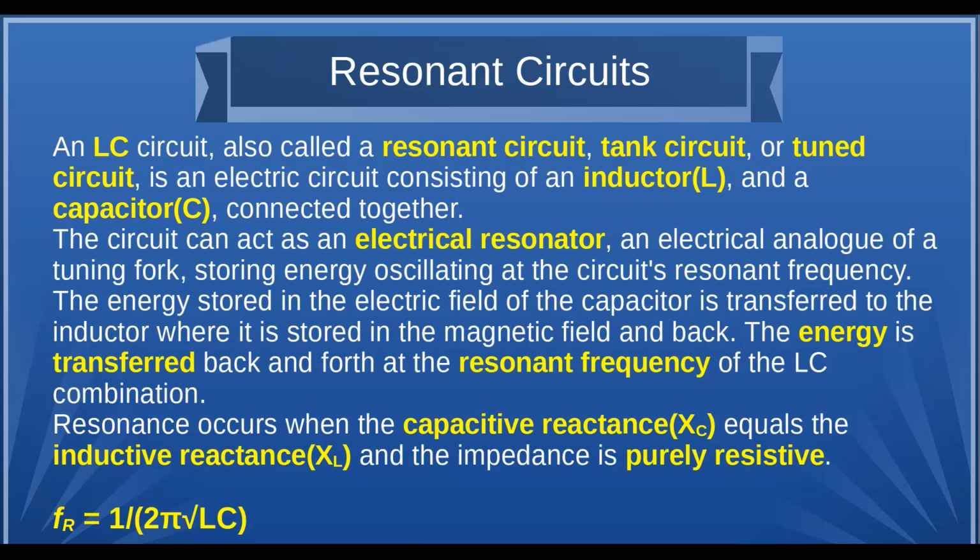So the basic thing is that resonance is when the frequency at which the capacitive and inductive reactances are equal, and the total impedance will be purely R, or resistive. So the formula is 1 over 2 pi times the square root of the product of LC.